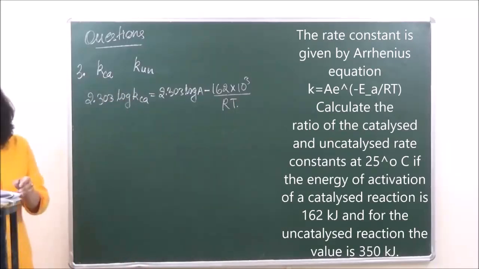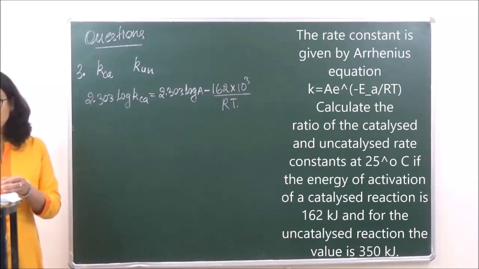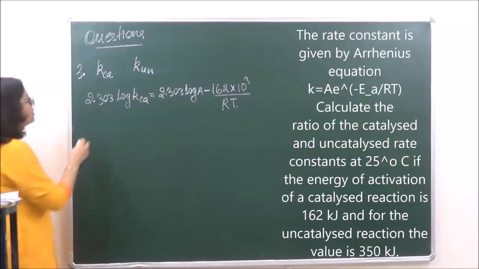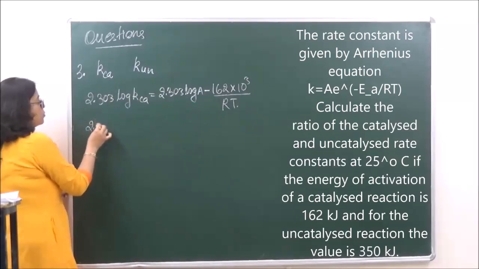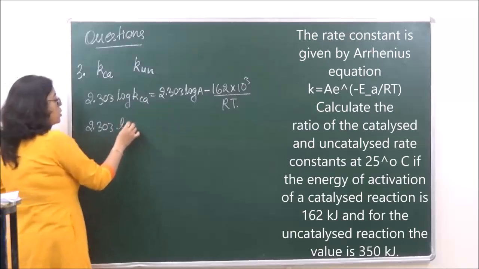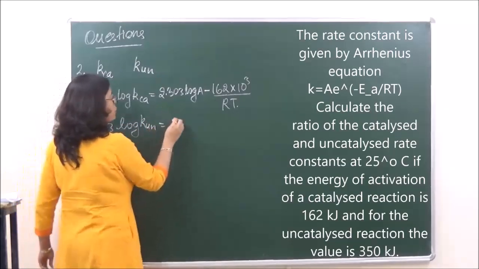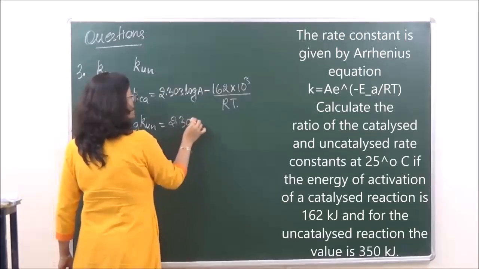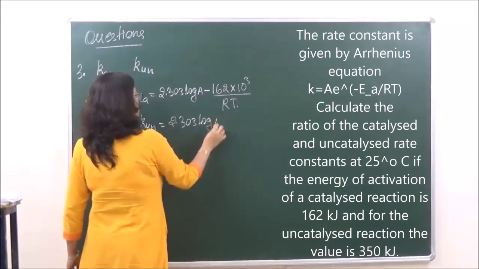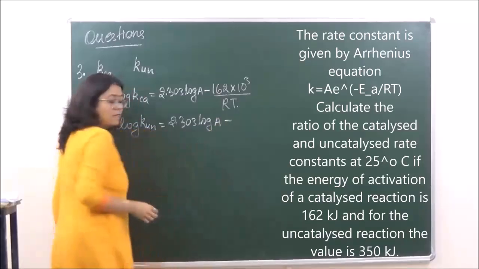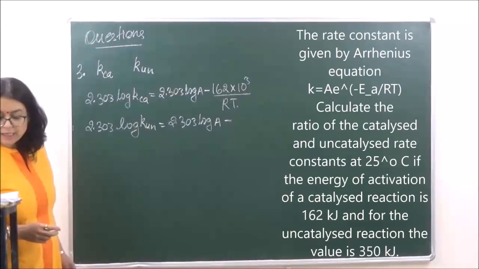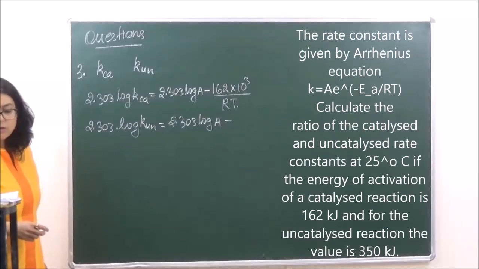Okay. Now for the second reaction, 2.303 log of K of uncatalyzed is going to be equal to 2.303 log of A minus the activation energy that is given as 350.